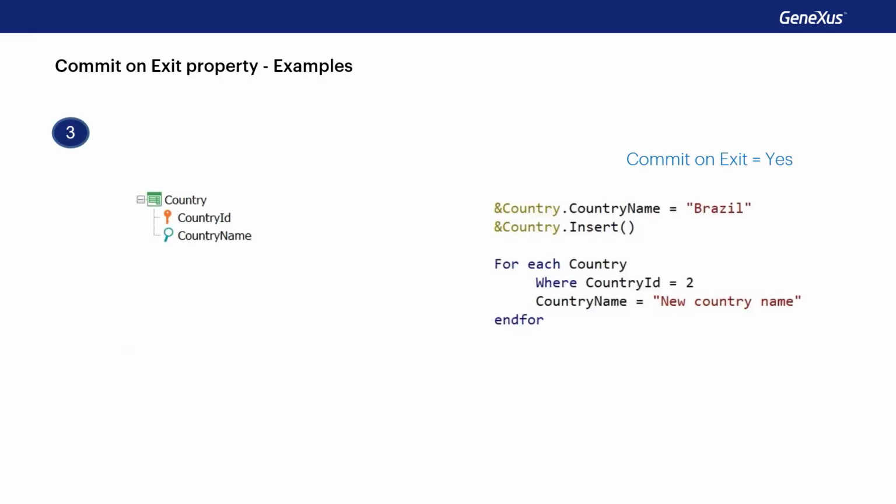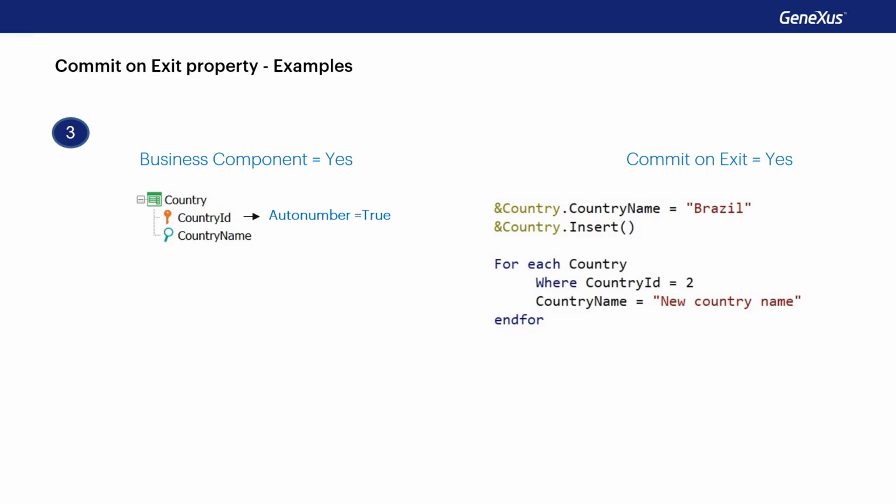Again, let's suppose that the same country transaction has been set as business component, and the source of the procedure is as shown. The country ID attribute is auto-numbered, and the procedure has the commit on exit property set to yes.